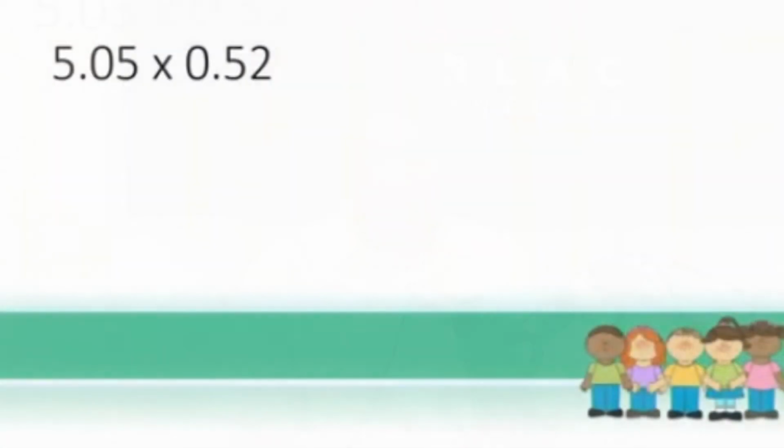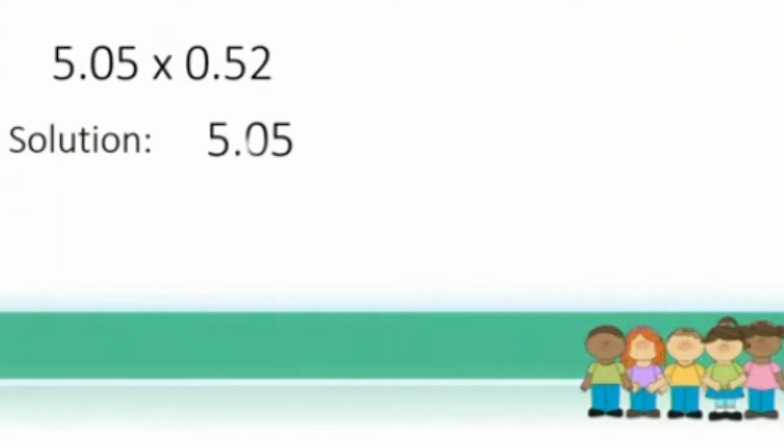To fully understand the lesson, let's have another one. Estimate the product of 5.05 times 0.52. Again, in estimating decimals, always remember to round each decimal to the nearest whole number before multiplying. So if we estimate the decimal number 5.05, look at the number in the tens place, which is 0.